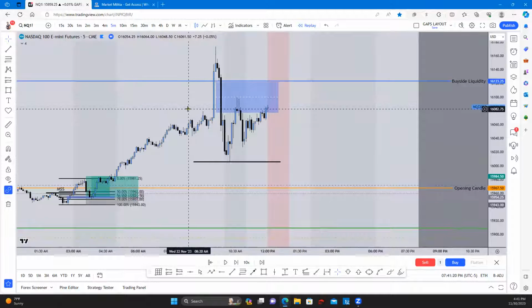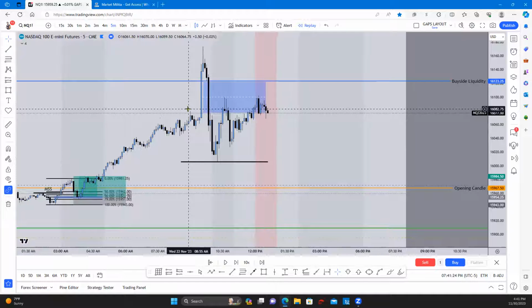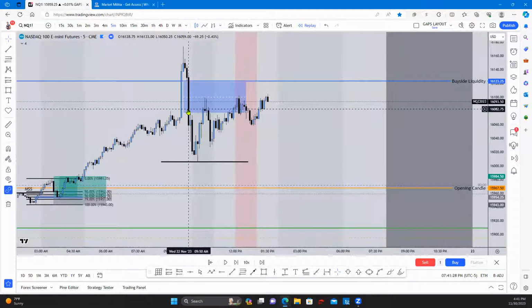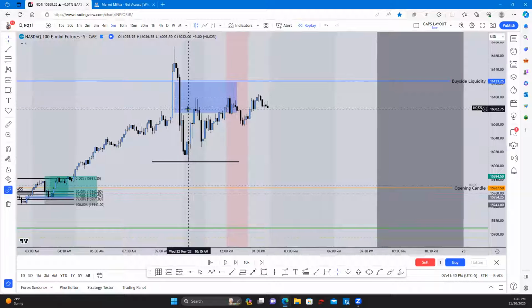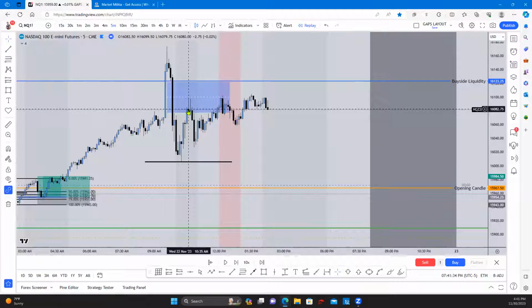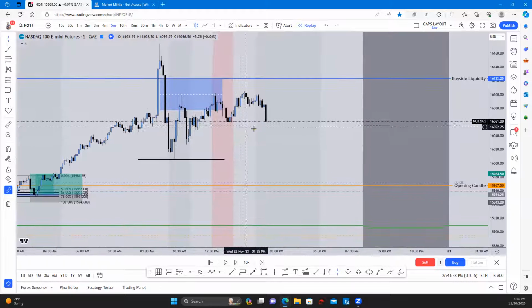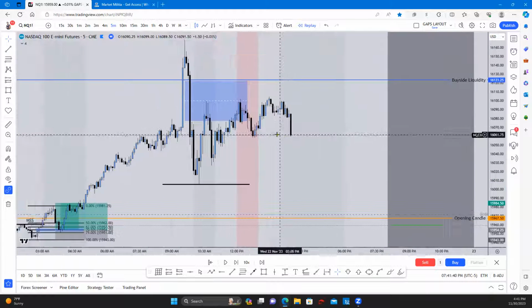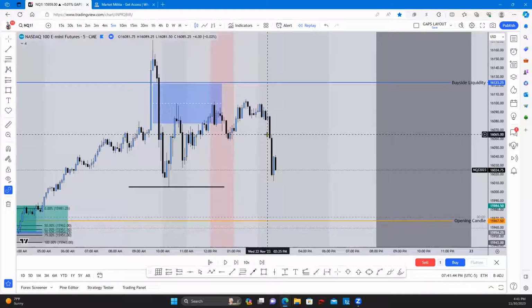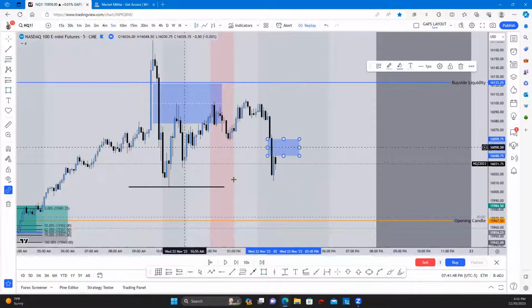Heading into lunch. Nice drop down. So now we have this gap here.